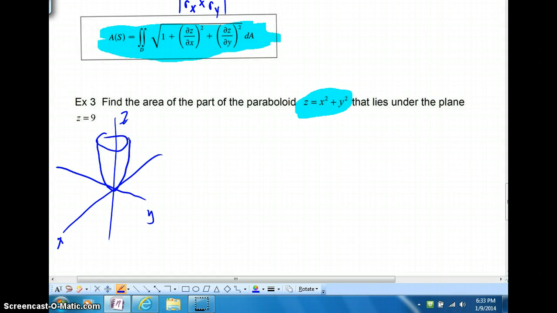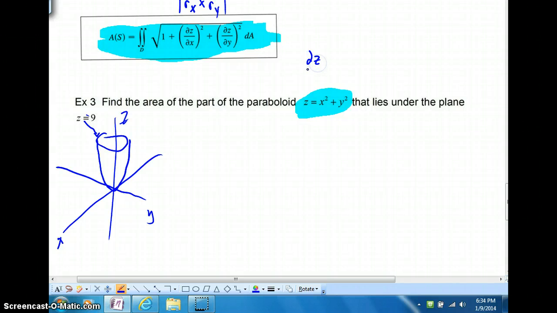It's like looking at a shape like so, and z equals 9 would be a plane covering the top. It's not a cone, but imagine we've got this piece of paper in this paraboloid shape, and we're under this value of z equals 9, and we'd like to find out what the surface area is. Well, my goodness, what you can do is just follow this formula.